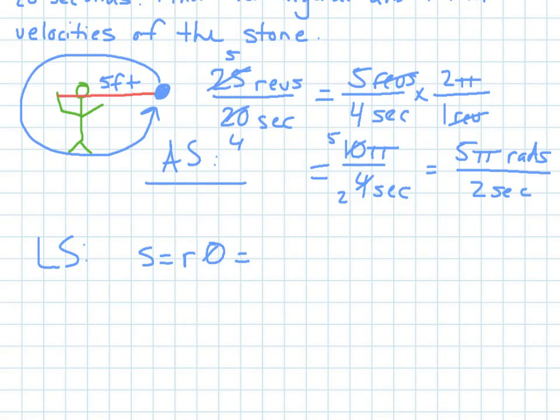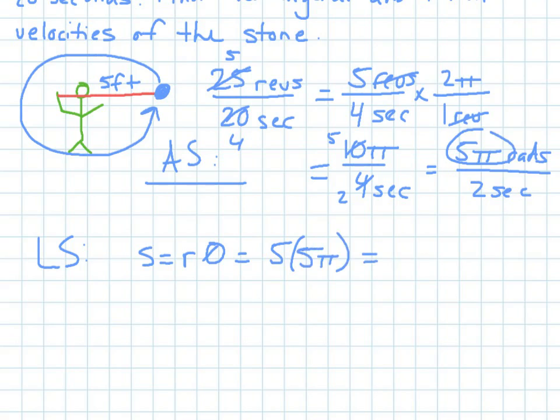Remember, your r was the length of the string, or the sling, that's holding this rock or stone, which is 5 feet. And now your theta value that you just found was 5 pi, right? Because it's theta over seconds.